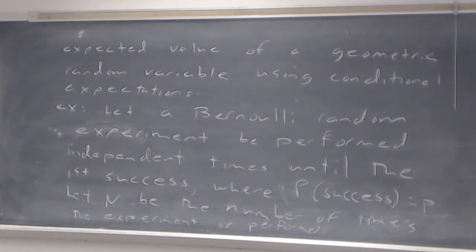What are we going to condition on? When we were working with the geometric random variable, we found that its expected value is going to be 1 over p. And we did it using some derivatives involved in the summation, and it was a little bit messy.